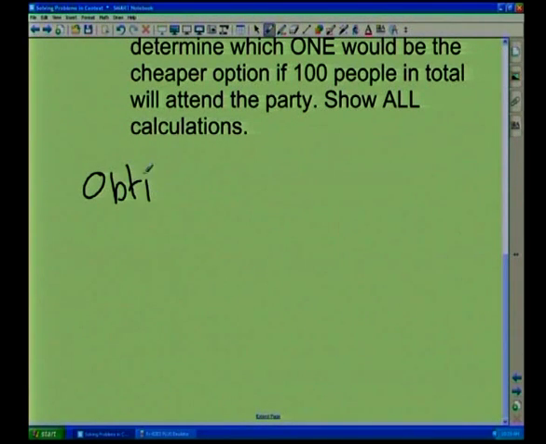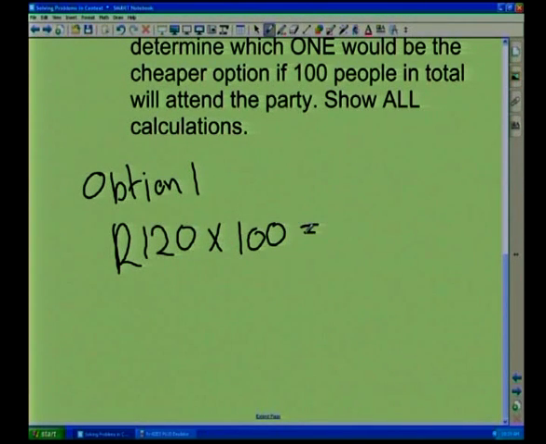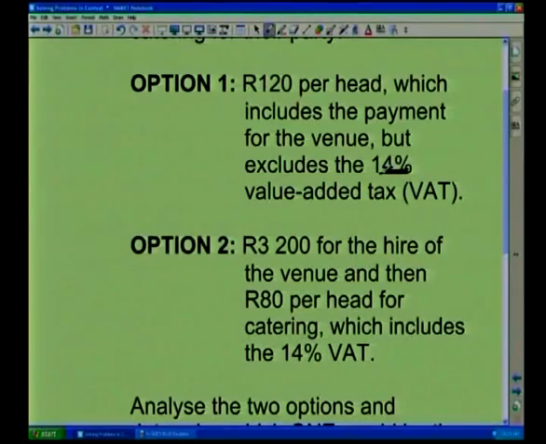Option 1. That's 120 Rand multiplied by the 100 people. That gives us a total of 12,000 Rand. I've simply added on the 2 noughts to my figure 120. So it's 12,000 Rand for the party, but we've also got to add on the 14% VAT.